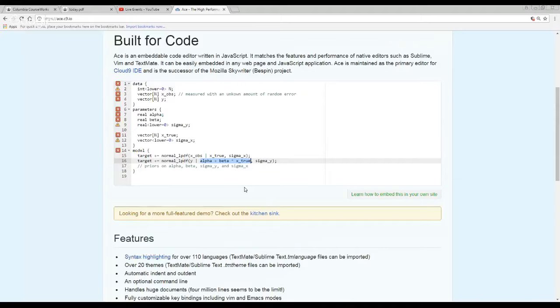And so we're going to use x_true as our predictor rather than x_obs, which has the random error in it. And there's a standard deviation of the errors in y, sigma_y. Then we just need to put priors on the remaining parameters, alpha, beta, sigma_y, and sigma_x.